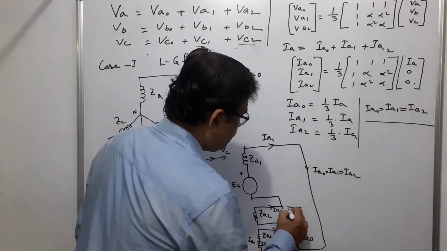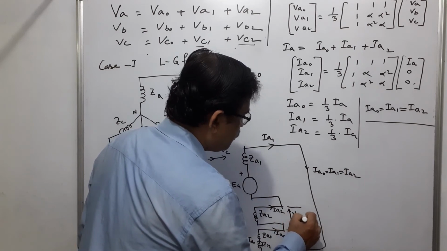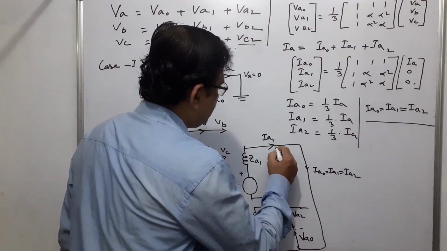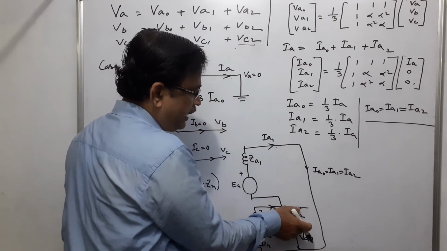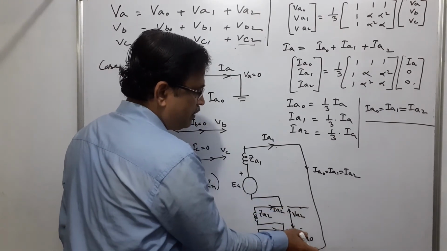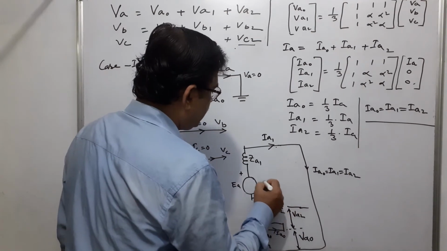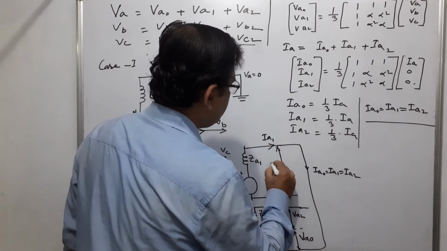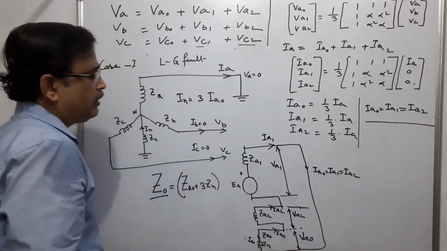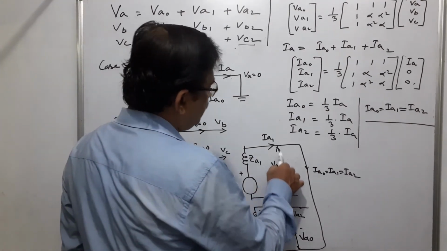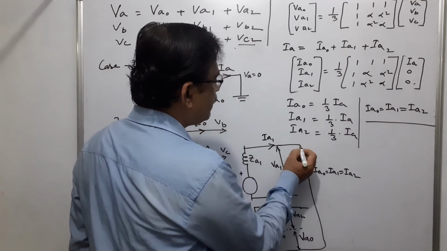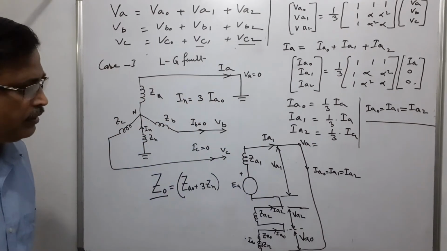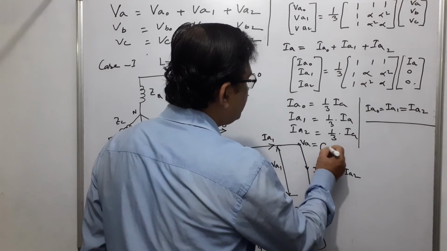This is the phase voltage VA, and it is equal to 0.